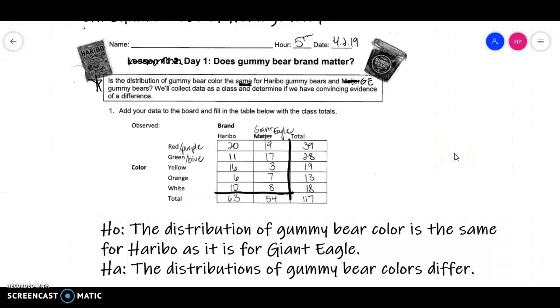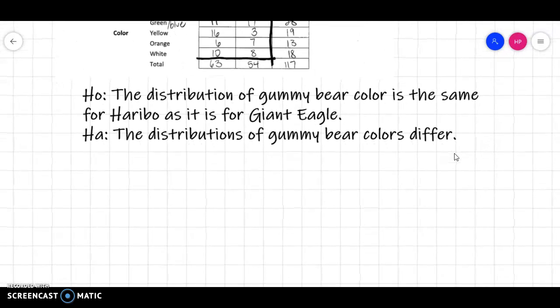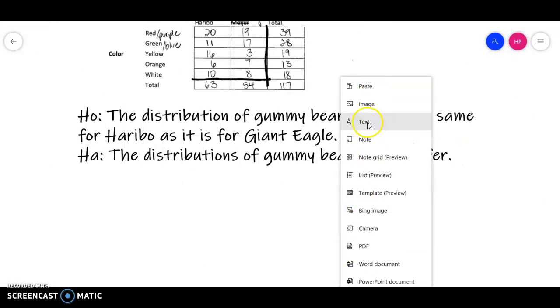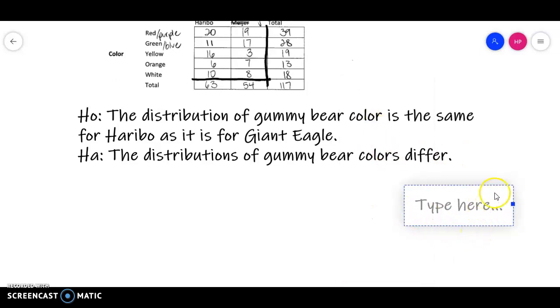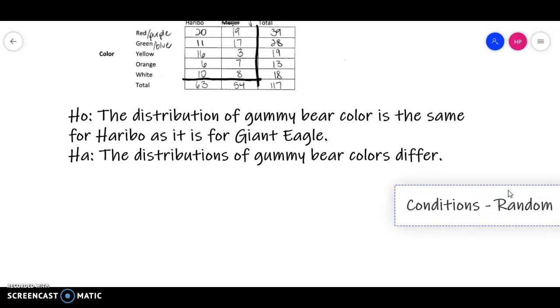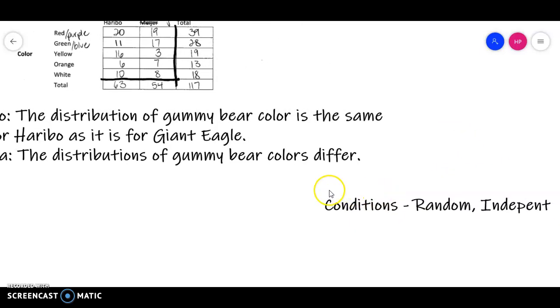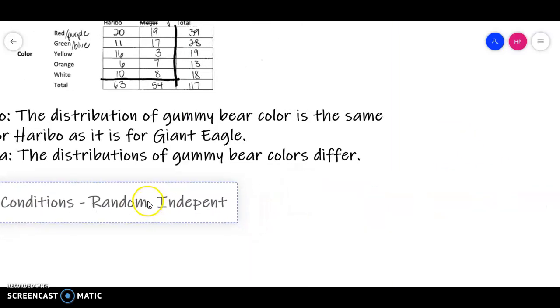My conditions, again, random, independent, and my large counts. So random and independent, again, sometimes a little rough as we're collecting class data. And also to not review those because we've discussed those already.